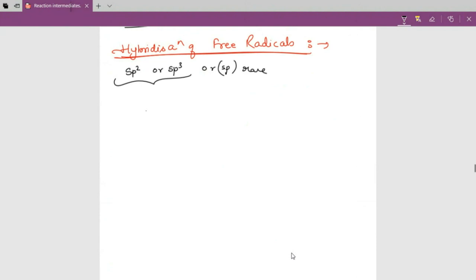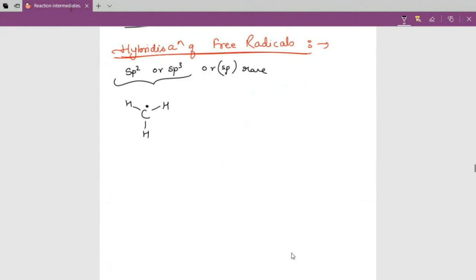For example, when I talk about this, if the unpaired electron present in this particular carbon is in a hybrid orbital, it will become sp3.